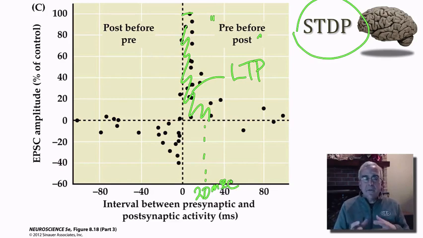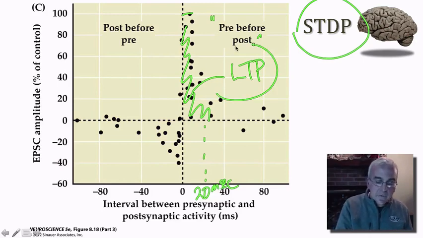We might think of this as providing some coordination of activity, if you will, between the pre and the postsynaptic element, where the presynaptic input is reliably leading to the activation of that postsynaptic cell. So pre-before-post leads to long-term potentiation.